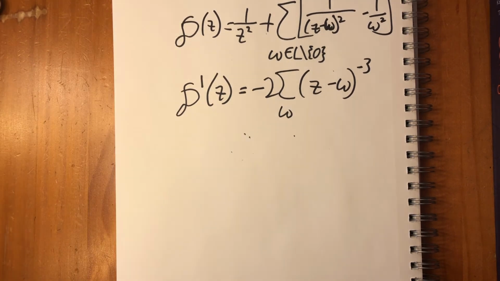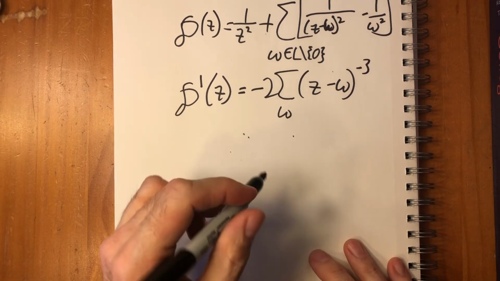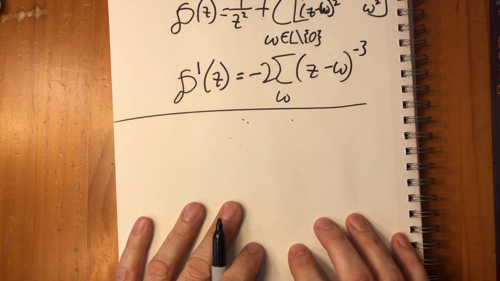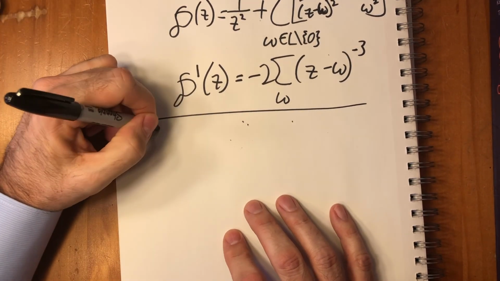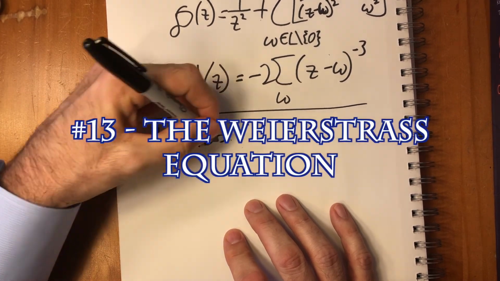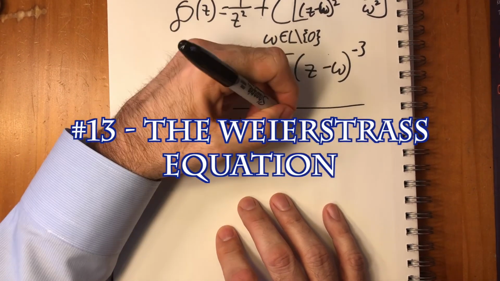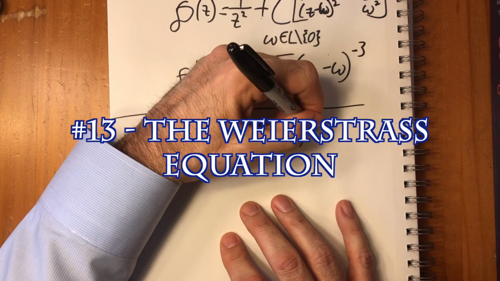We'll look at these more later, but then what happens is he found a relationship with these, which is the Weierstrass equation.